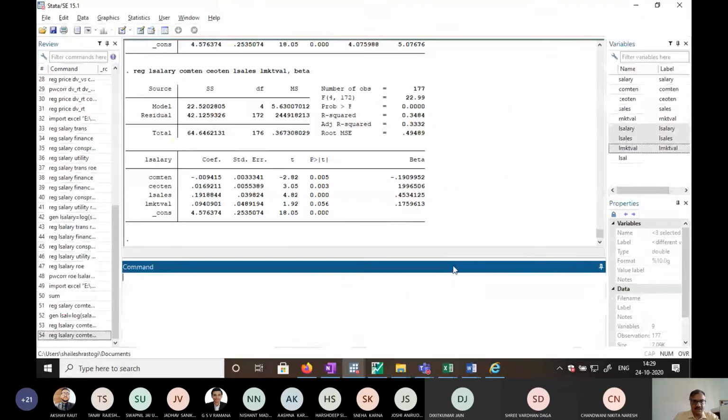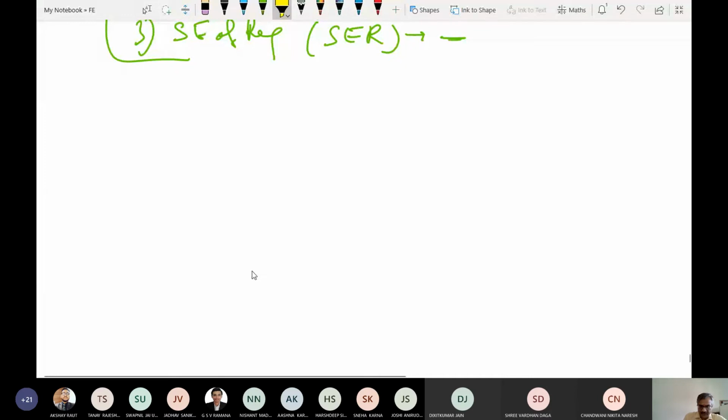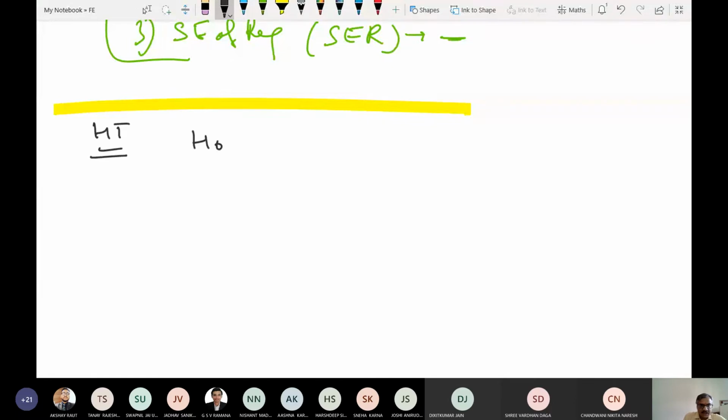So coming back to the results, the test statistics, and if you remember, I've talked about all the 3 types of diagnostic testing. If I talk about heteroscedasticity, then my null is no heteroscedasticity. H alternate, yes, there is heteroscedasticity.